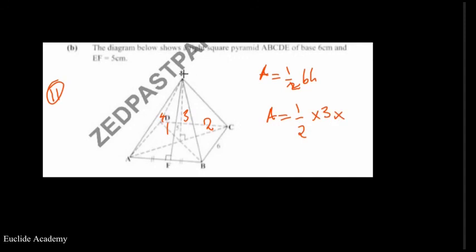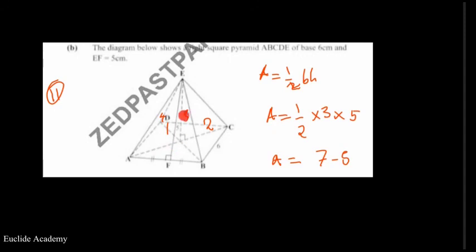Times the height from here to there, it is 5 centimeters. So which gives us the area as 7.5. So 7.5 is the area for this triangle here.